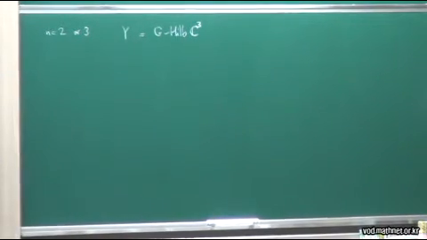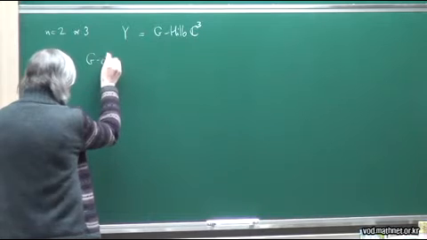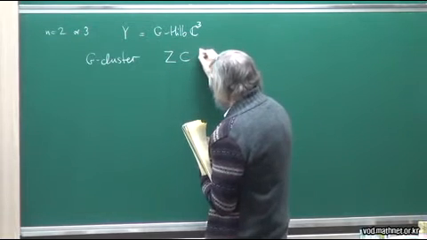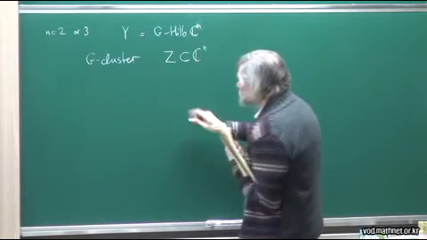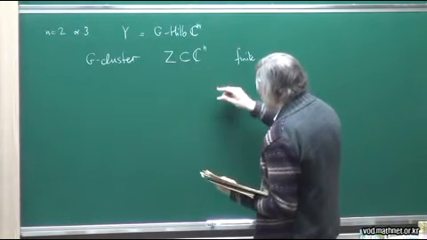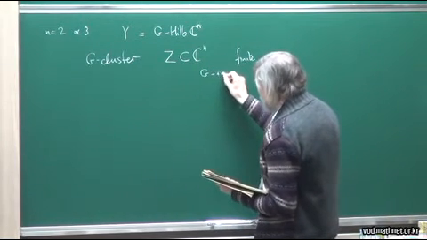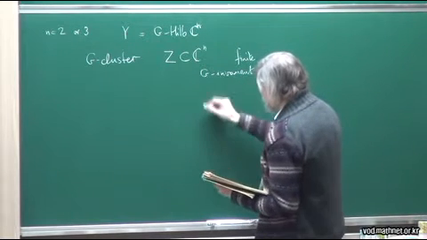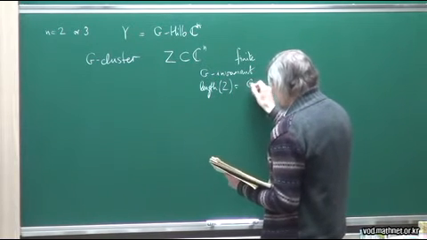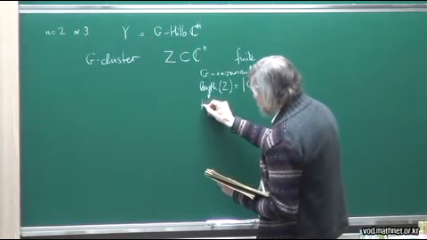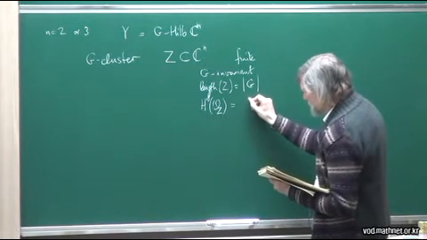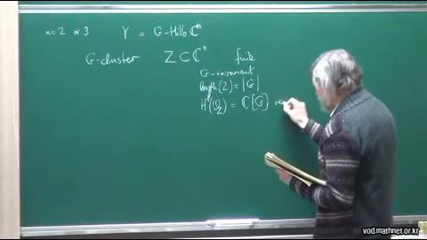I say that a G-cluster is a subscheme Z in C^n which is a finite, zero-dimensional scheme, which is G-invariant, of length the order of G, and with the property that if I look at the functions on Z, this is the regular representation of G, C[G].